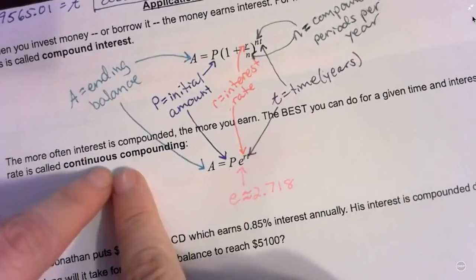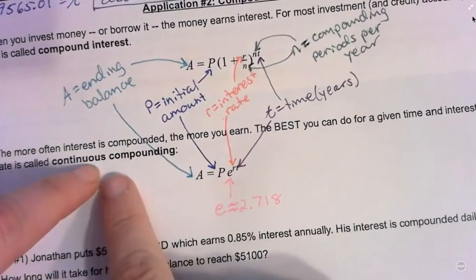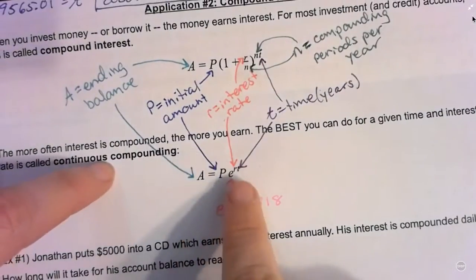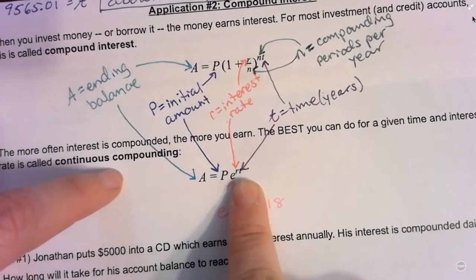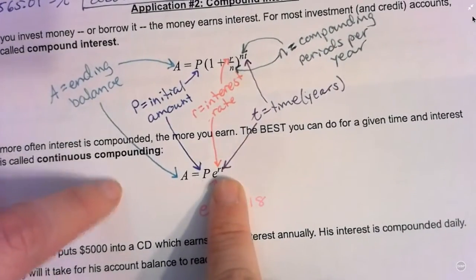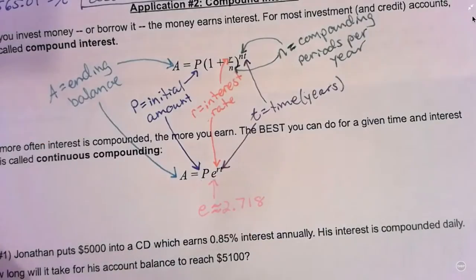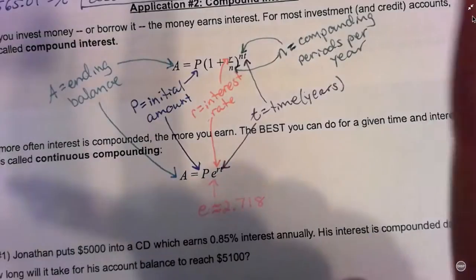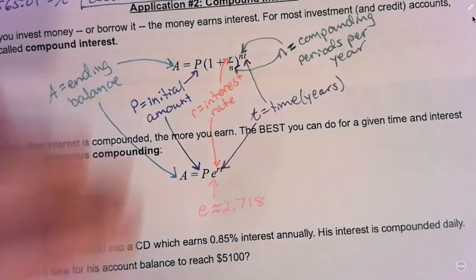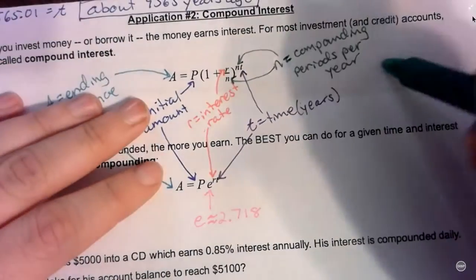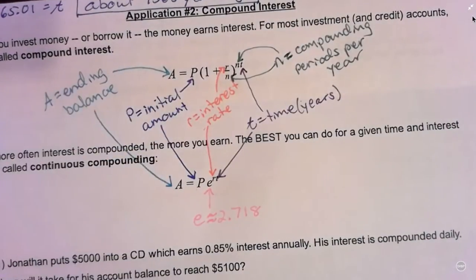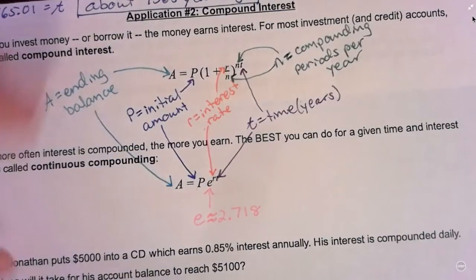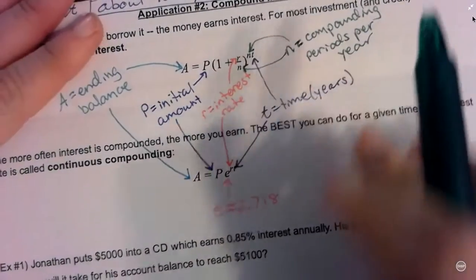And the best possible scenario is continuous compounding. That means new interest is constantly being calculated and added to the account. It's constantly building on itself. I don't personally know of any actual bank that does that, but hey, I could be wrong. Maybe there's one out there that does. Most banks do monthly or daily. Like the big banks, Chase, Bank of America, they tend to do monthly and daily. So it just depends on your bank.